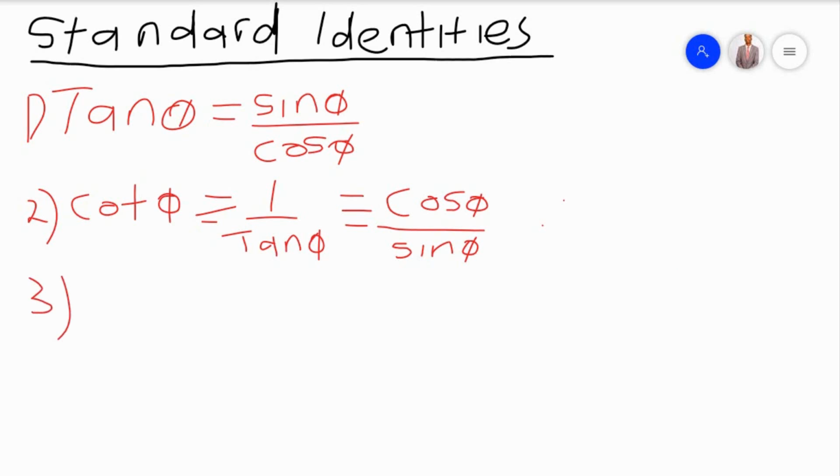Three, cosecant theta is exactly identical to 1 over sine theta.